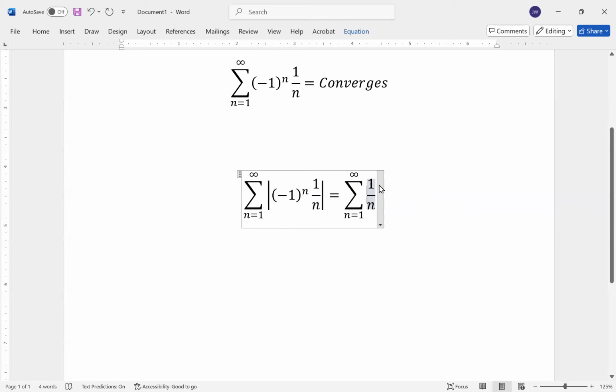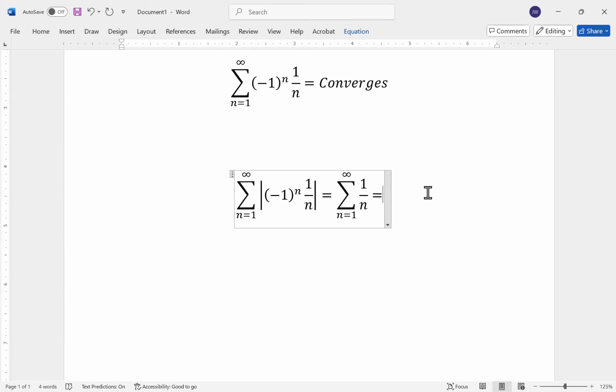And the absolute value of 1 over n, since 1 over n is positive, is just 1 over n. So when I take the absolute value of the alternating series terms, I get a sum of 1 over n.